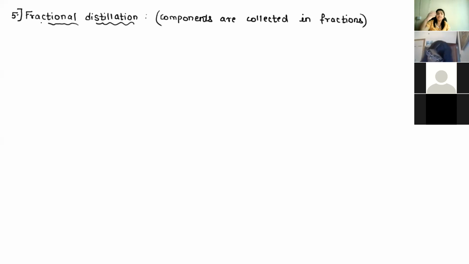So even if there is a mixture where the difference in boiling point is even less than 25 degrees Celsius, it can be separated.